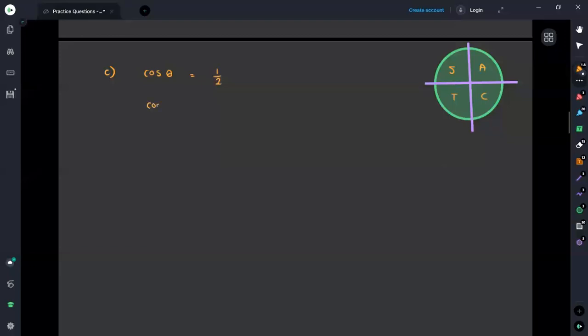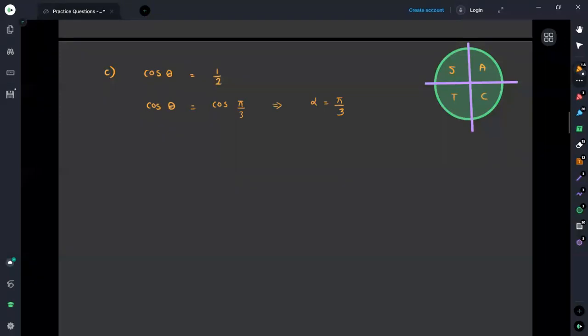Then cosine theta is equal to cosine pi divided by 3. Now we can take this as the principal solution. Therefore, using this we can say that the value of alpha is equal to pi divided by 3.